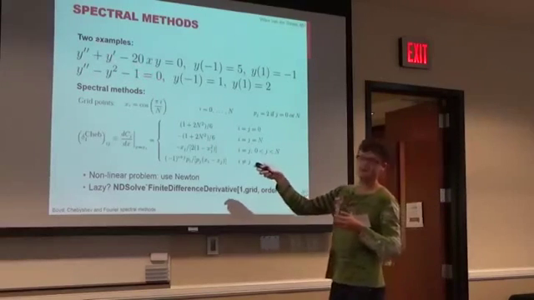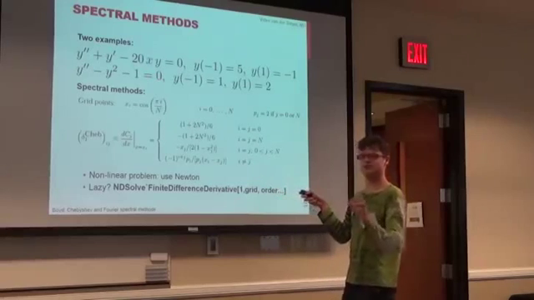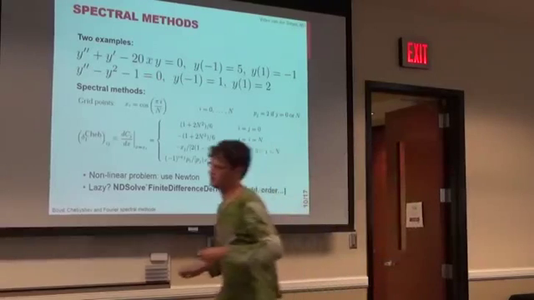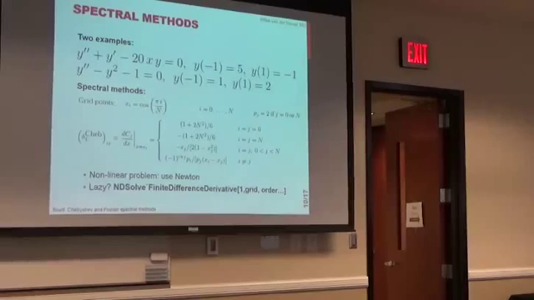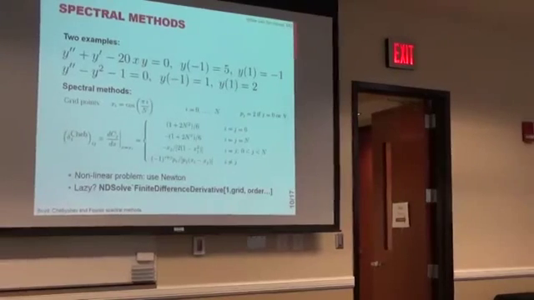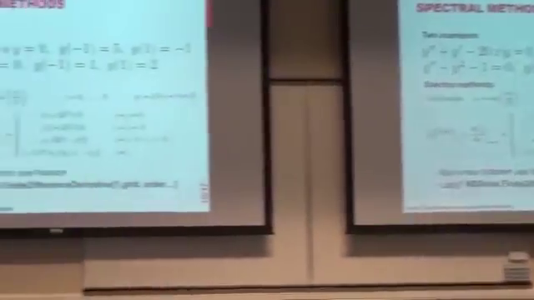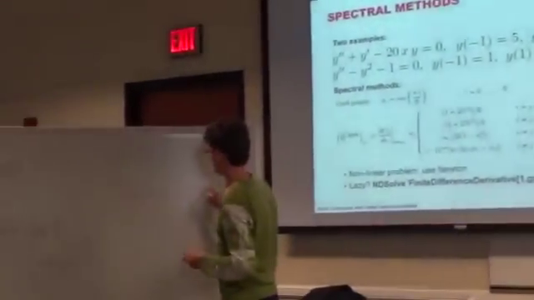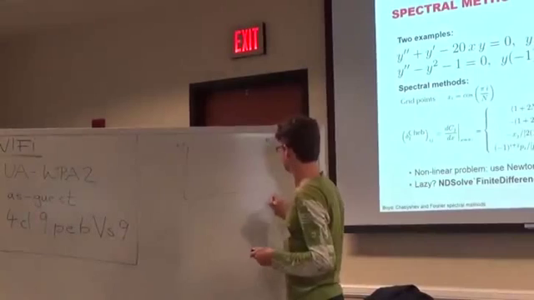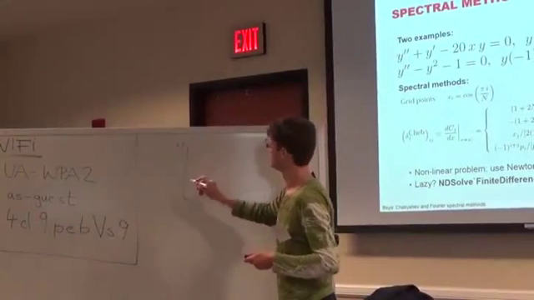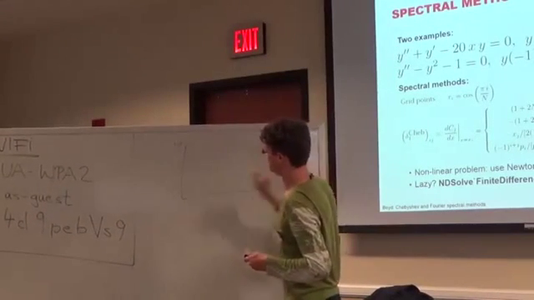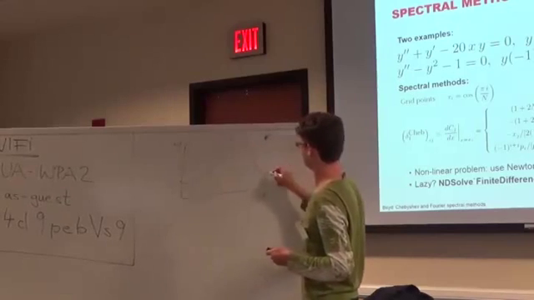What you do in spectral methods, or I should actually say pseudo-spectral methods, is you basically have your function and your differential equation. So you have a function y of x, and we want to solve for it, of course, but it will look something like this.